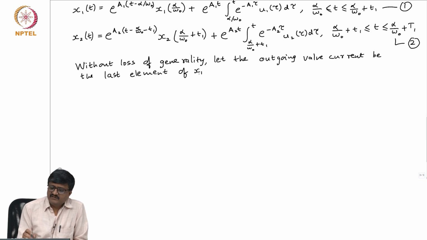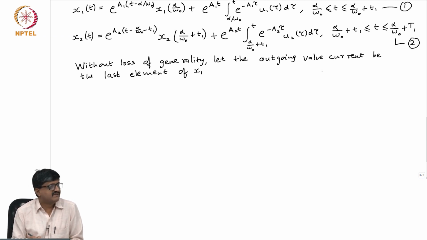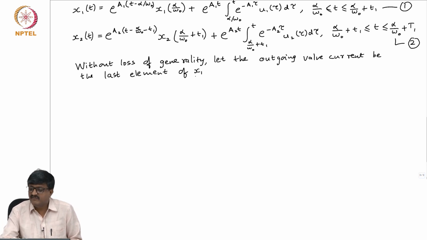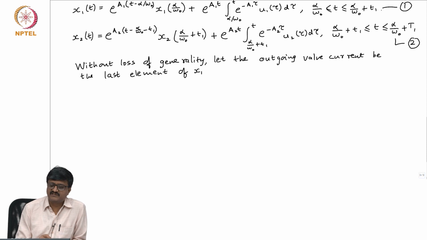What is the value of outgoing valve current, which is the value of the last element of x1 at the end of the first subinterval, that is alpha by omega O plus T1? What is the value of this last element of x1 at alpha by omega O plus T1? 0, because the current becomes 0 at the end of the first subinterval.